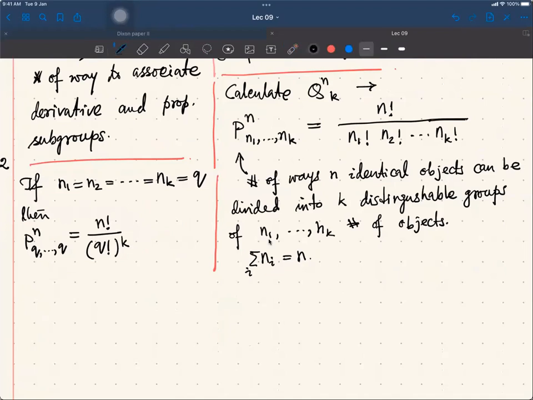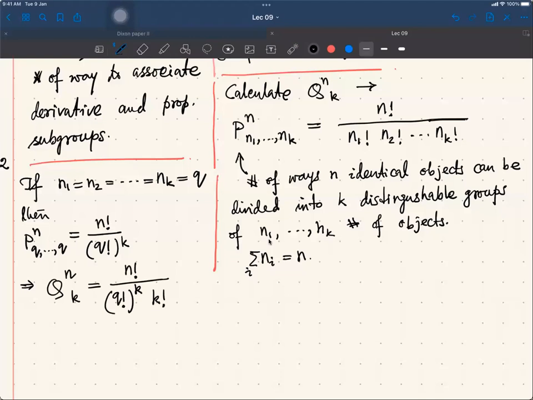Given this result, when you have all these k subgroups to be indistinguishable, you will simply have factorial n divided by factorial q to the power k times factorial k, because now these k groups are indistinguishable.